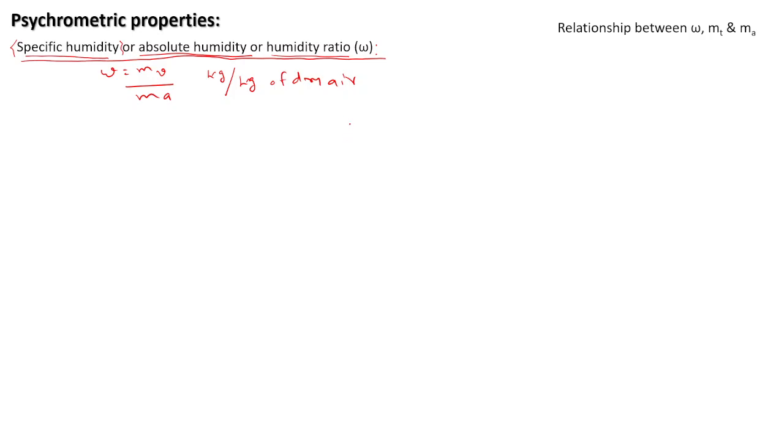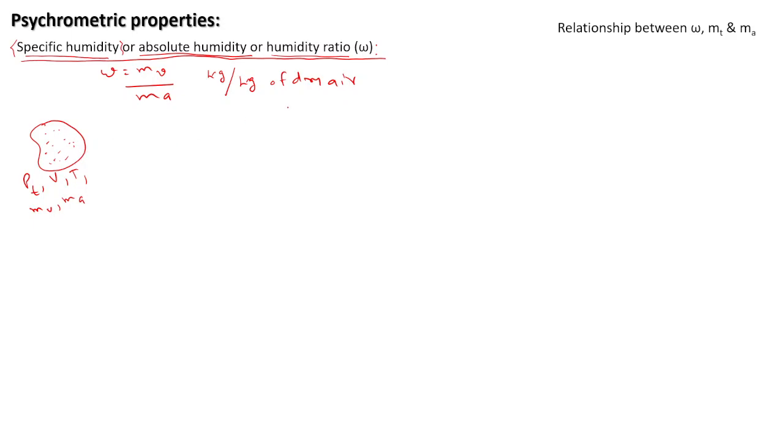So okay, let's suppose this is our sample control volume, and here we are taking PT. What is PT? Total pressure. V is the volume, T is the temperature, mv is the mass of vapors there, and ma is the mass of dry air.